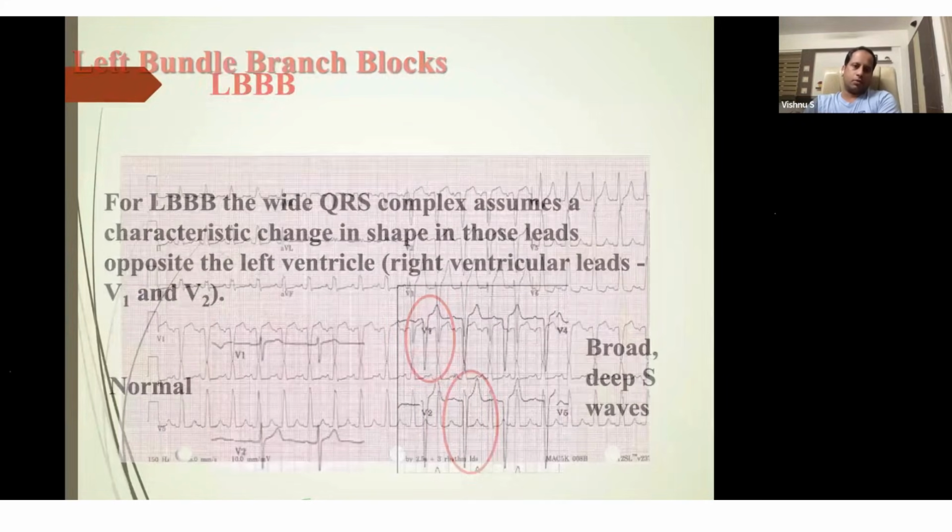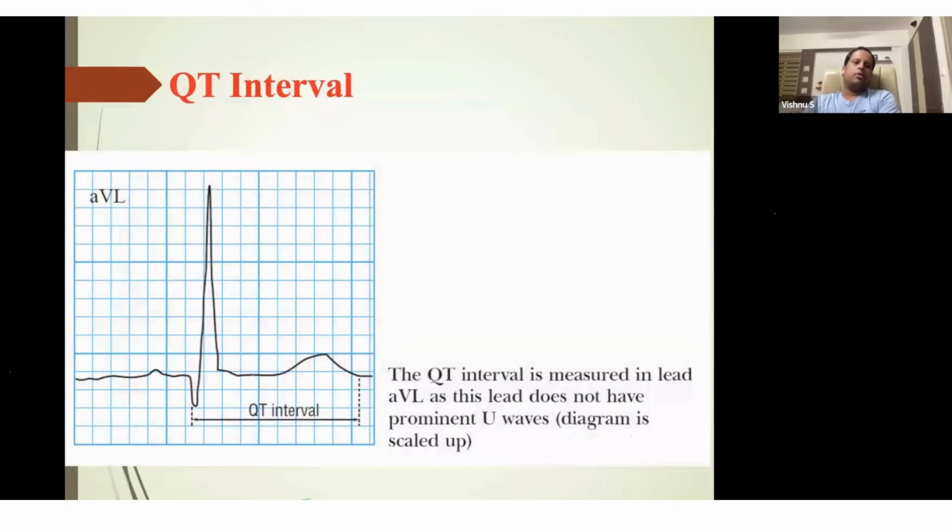So in the QT interval, we already discussed, QT is from the initial part of the Q wave to the end of the T wave. The entire ventricular depolarization and repolarization we can see in the QT interval. I already told you the presence of a U wave will cause a wrong interpretation of prolonged QT in most patients.